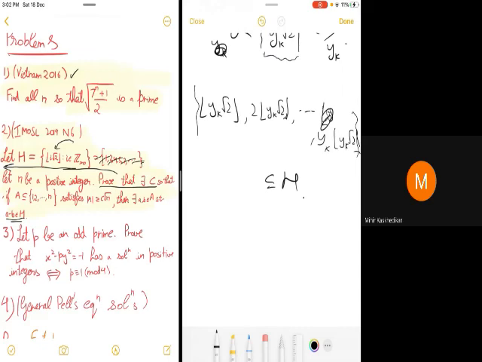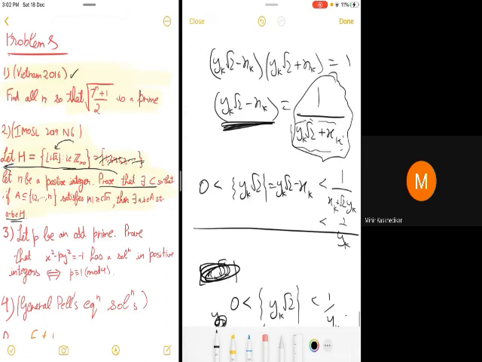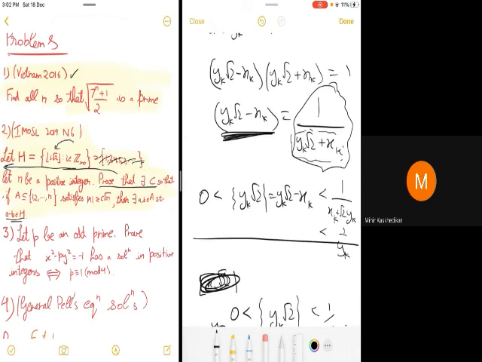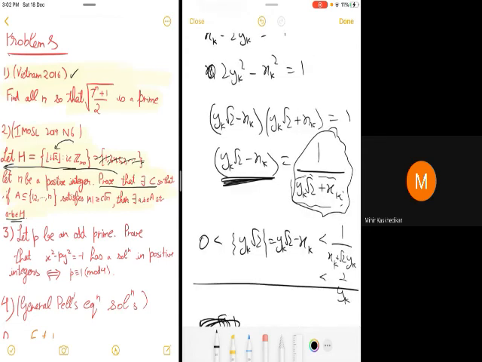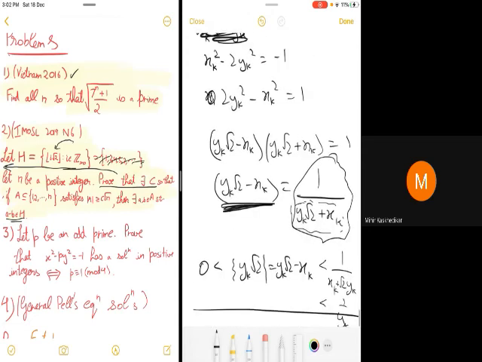So any questions till this part? Can you scroll up? A bit more?